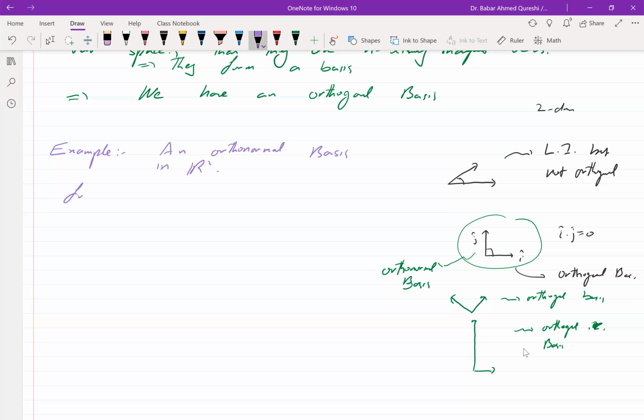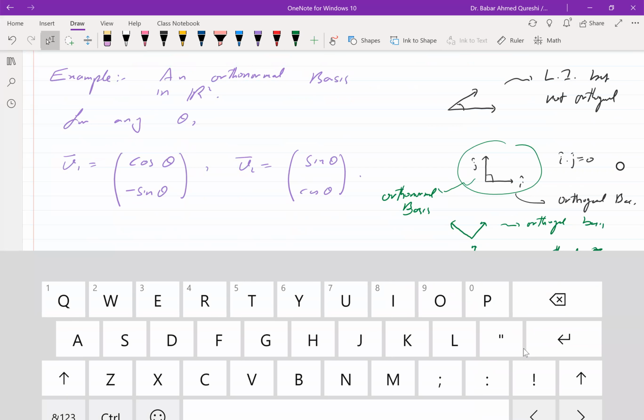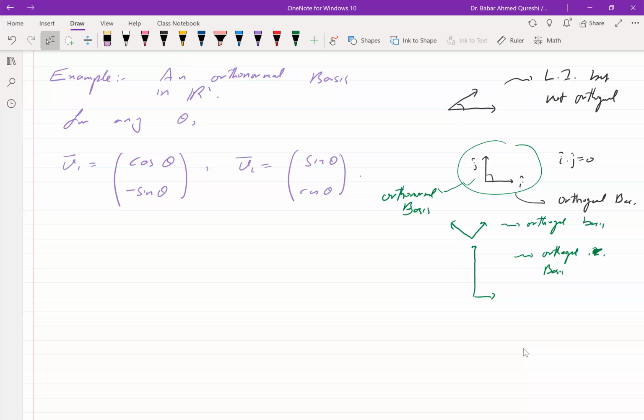For any theta, define these vectors. I've given you 2 vectors, and it works for any theta. You can put any value of theta and compute what these numbers are, or just leave them like this.